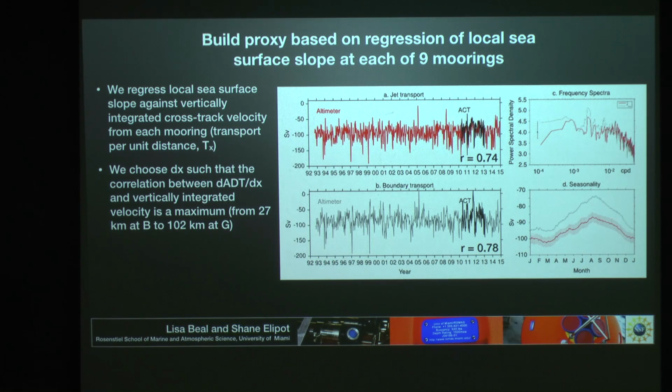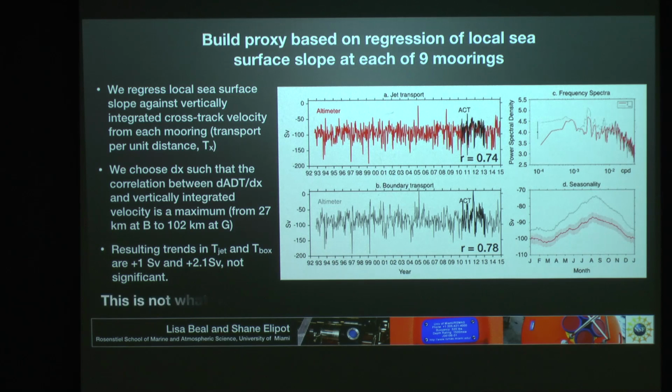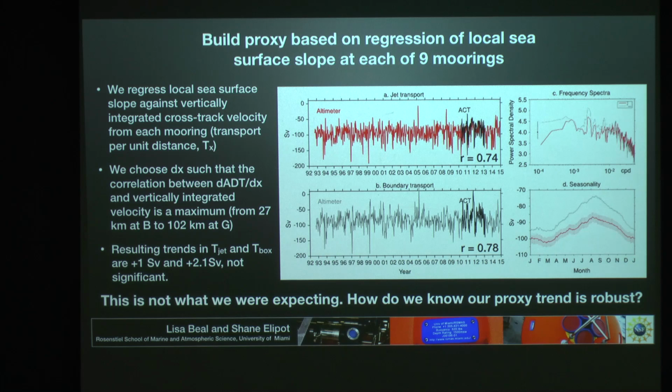I don't exactly understand that, but that's what we find. And we did put a trend on these, and we found that the resulting trends in T-jet and T-box over time are not significant. So you'll remember that we were expecting that this current might be intensifying over time, and we don't find that.